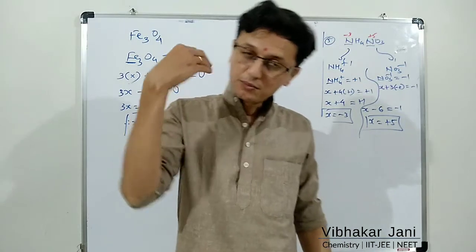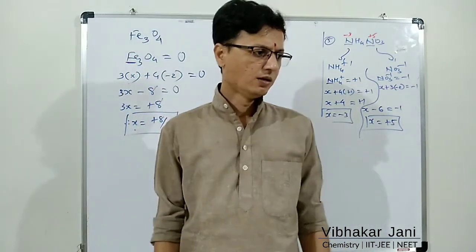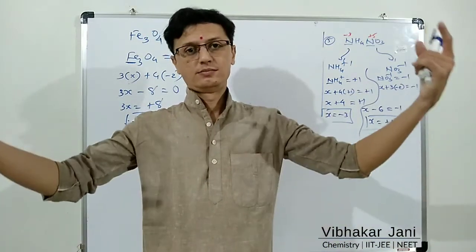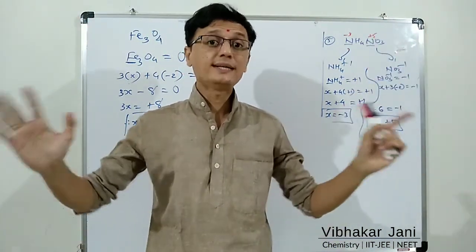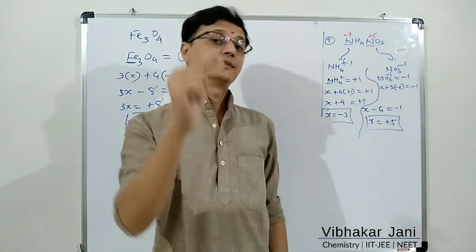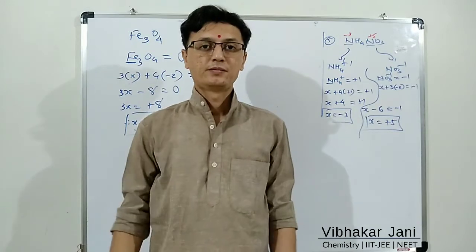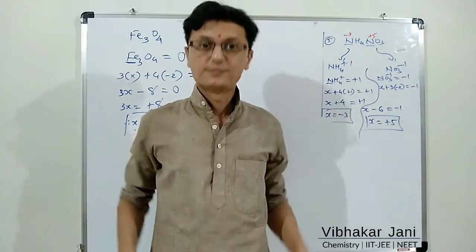Now let me give you one more example of quantum. A human crowd, so many people gathered, is considered as a quantity of humans, and each person is considered as a quantum. Why? Because a person is always whole.